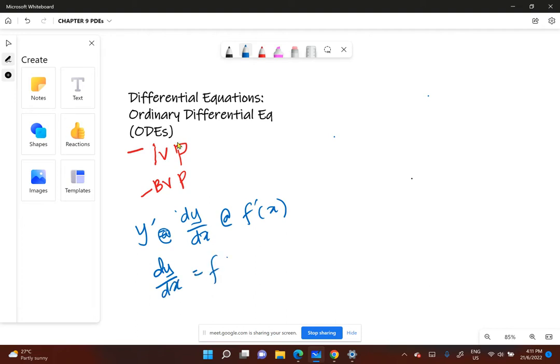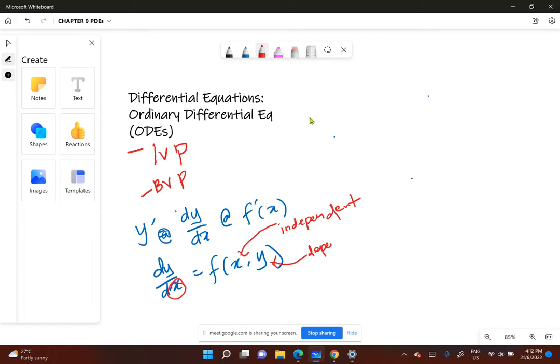Normally we have a dy/dx, and the x here is the independent variable. And this y is the dependent variable. It will depend on x.